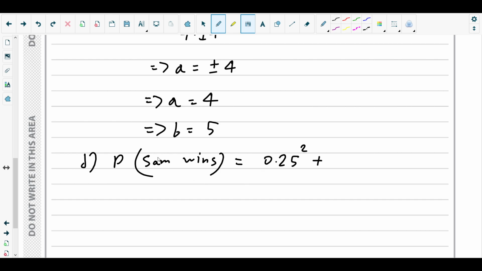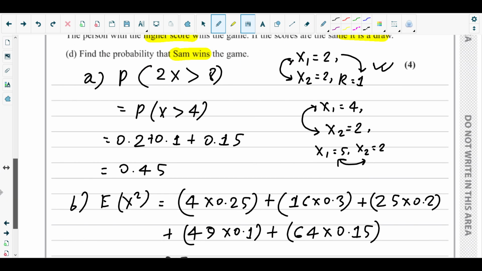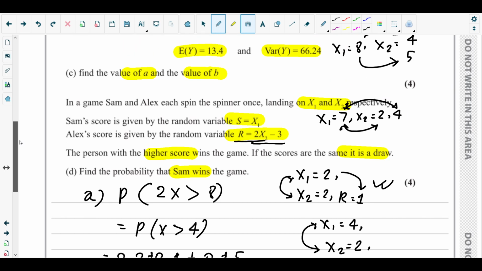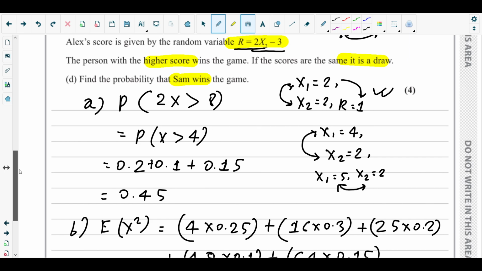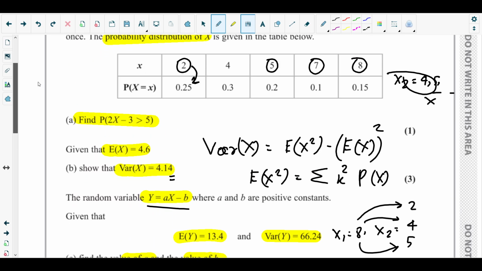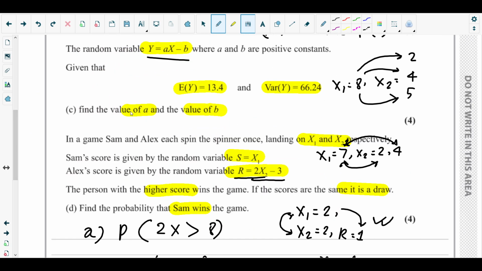Plus, next would be x1 should be 4, and x2 to be 2. So 4 and 2, that is 0.3 times 0.25.